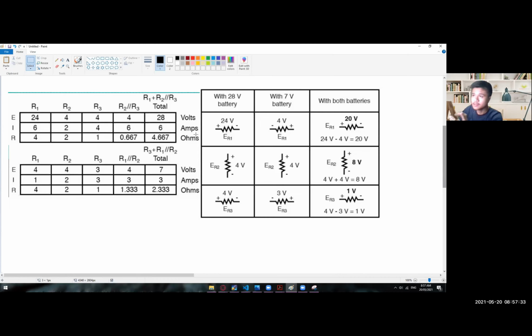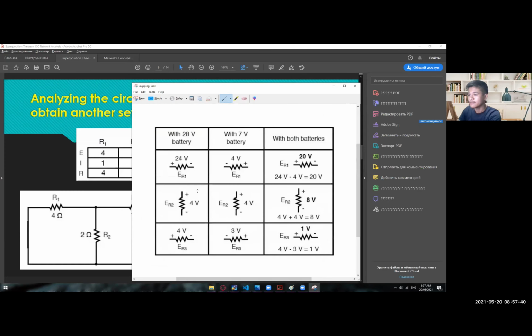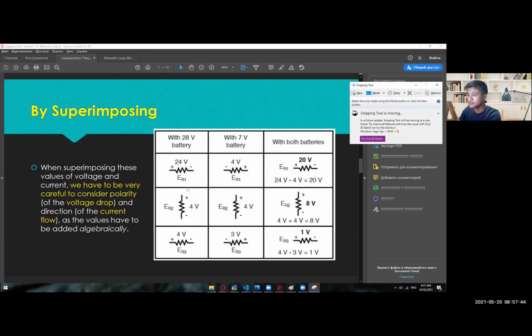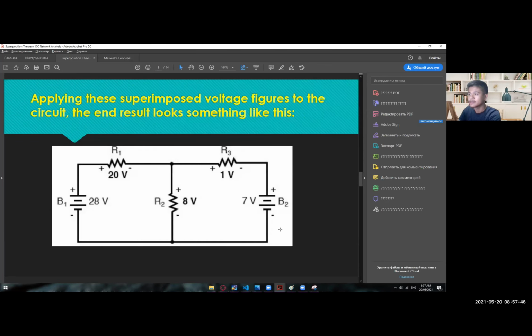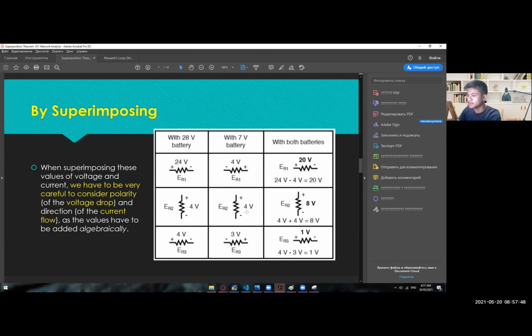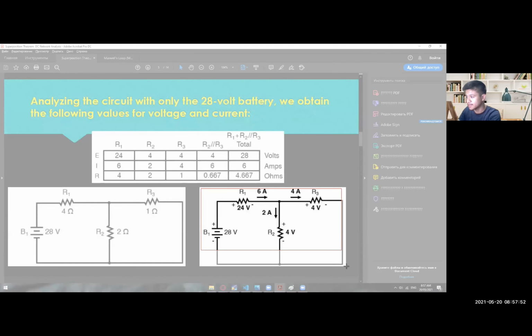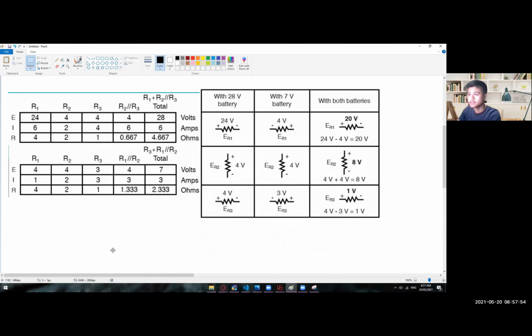As you can see right here, we're going to deal with the final values. Maybe it's better if we get both of the tables.